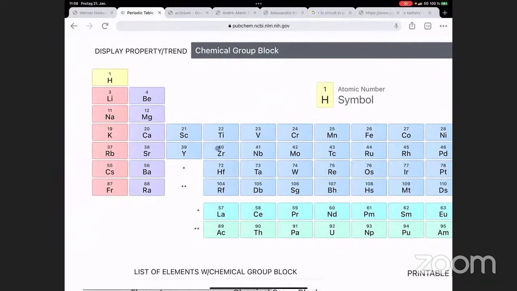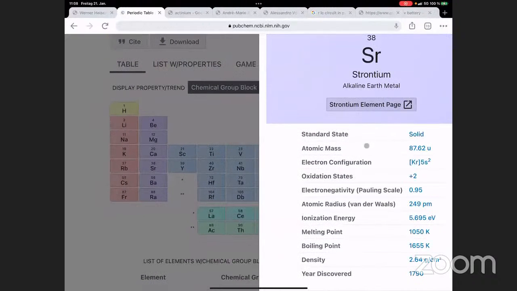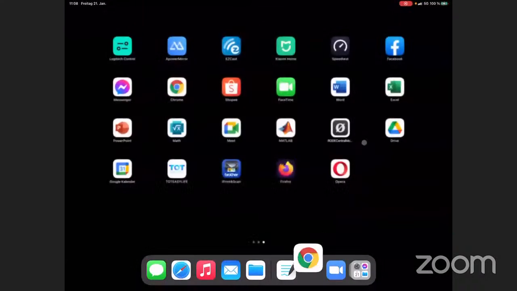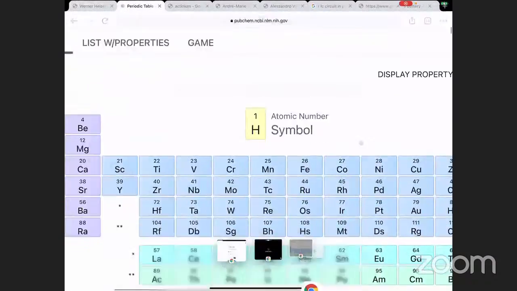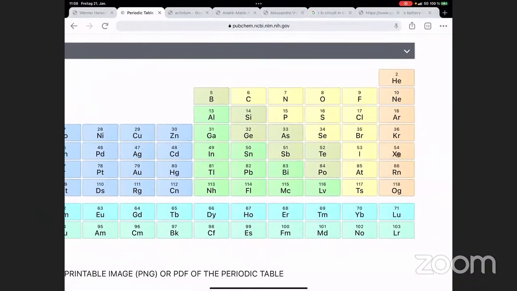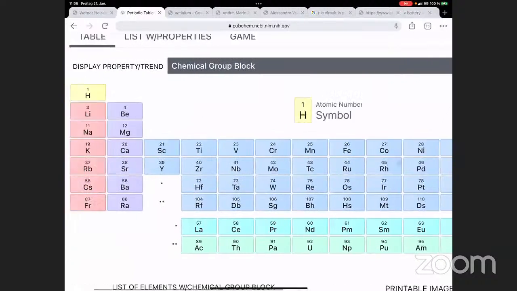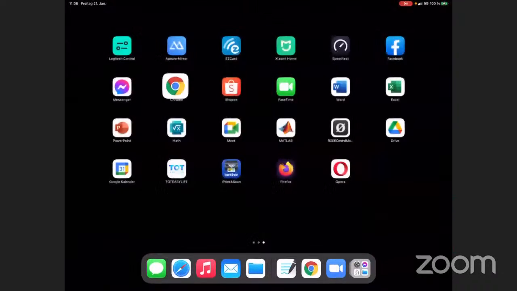Sr is strontium. And Xe is xenon, I think. Xenon is a gas, right? It's stable already. Xe is stable, but strontium may not be the case.